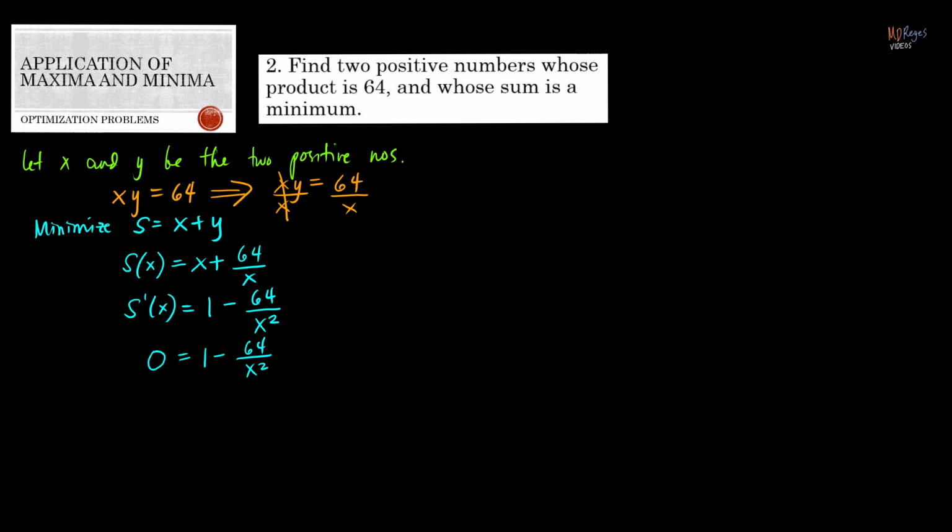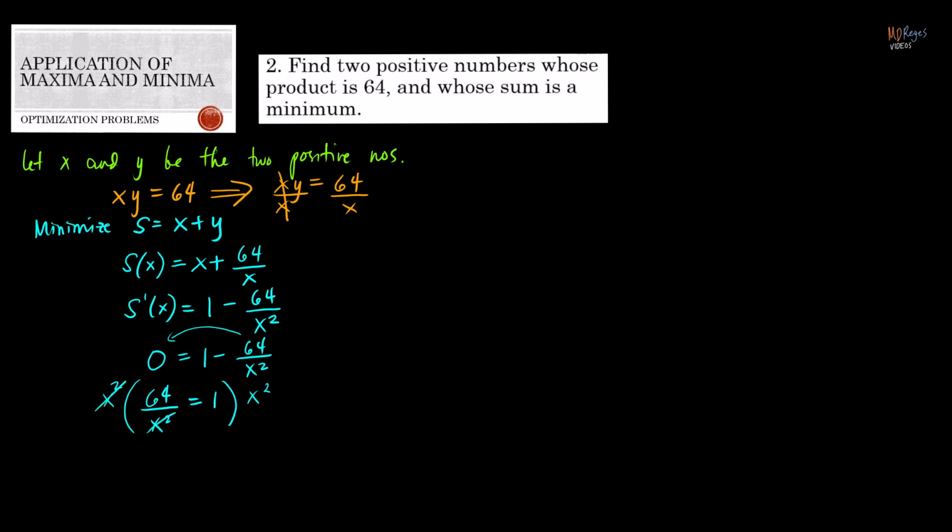Then we'll transpose 64 over x squared to the other side of the equation, and we'll get 64 over x squared equals 1. Then multiplying both sides of the equation by x squared, we are trying to solve for x.